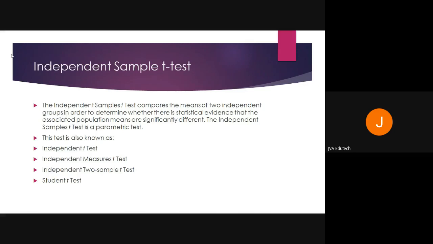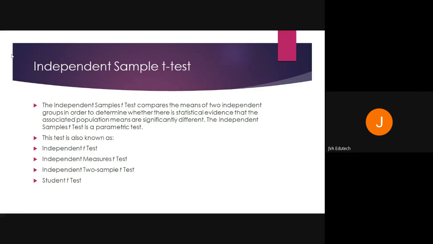So the situation is such that if from the sample we have two groups and those two groups are mutually exclusive of each other, their characteristics do not match with each other, meaning they are of different characteristics, then we will go for the independent sample t-test.